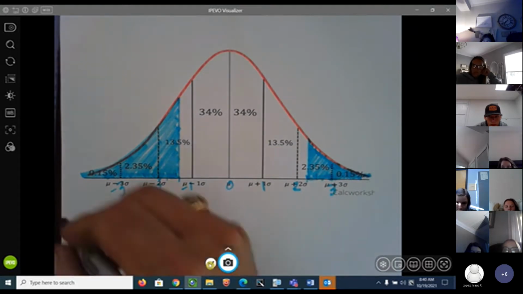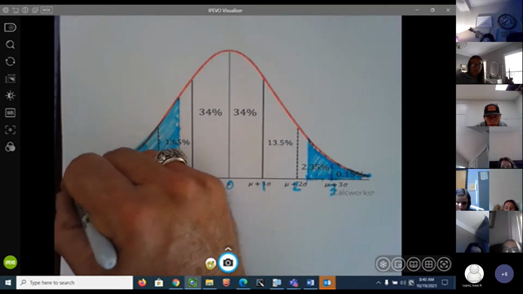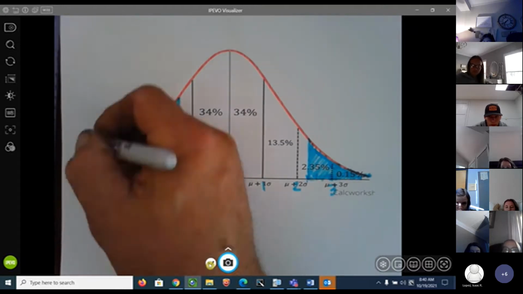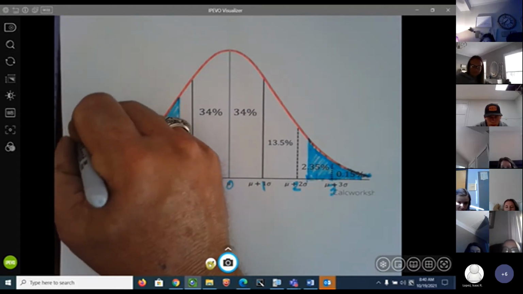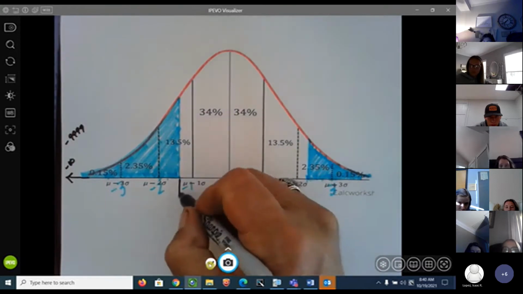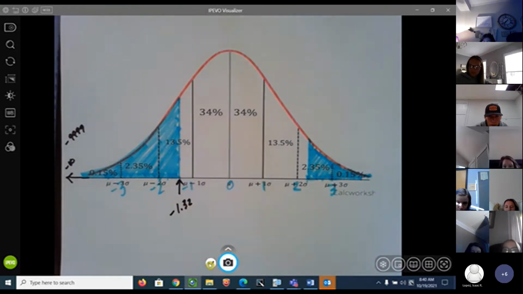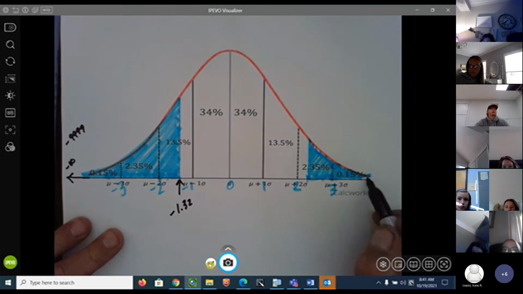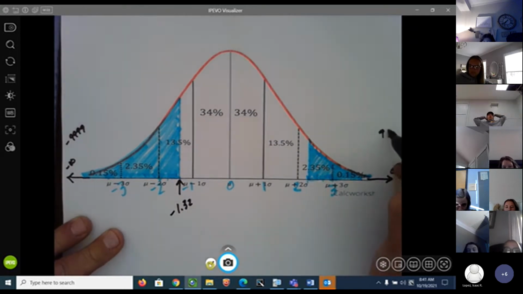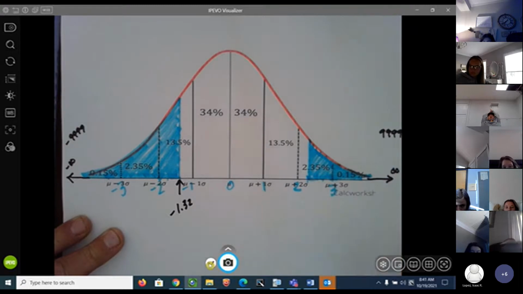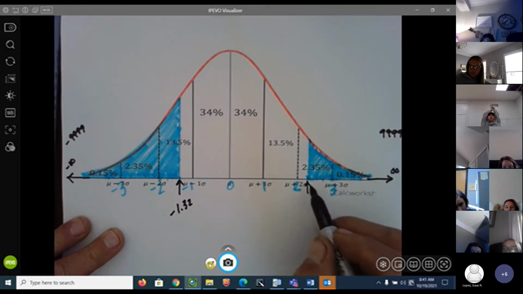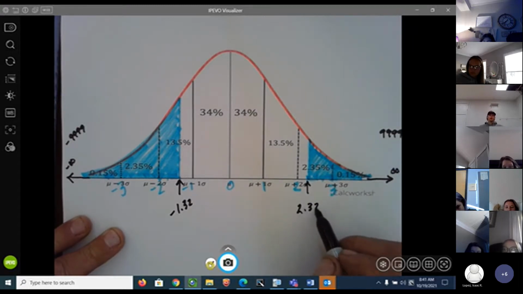Negative infinity, negative 9999, negative 1.32, positive infinity, 9999, and this is 2.32.